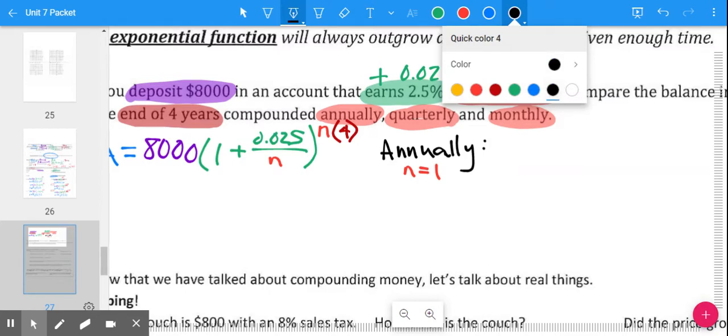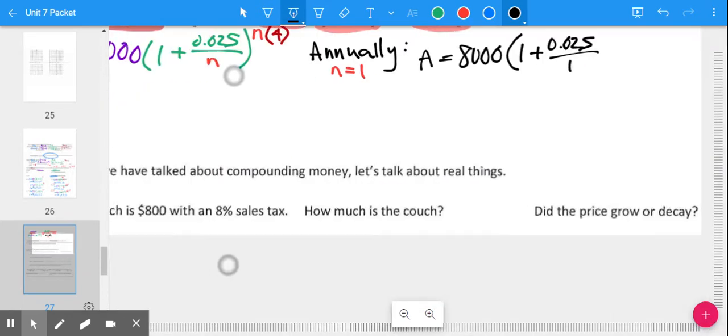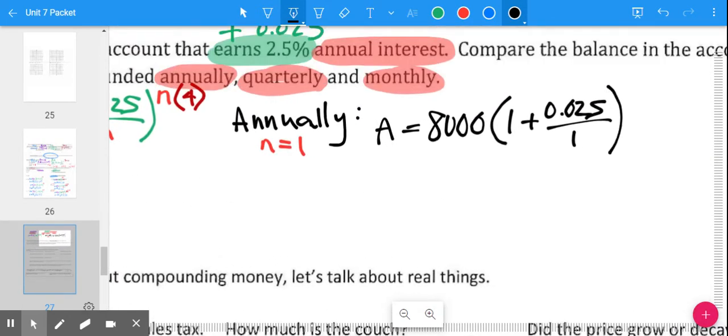So when we rewrite, we have A equals 8,000 times 1 plus 0.025 over 1, n is 1, your time is 4.